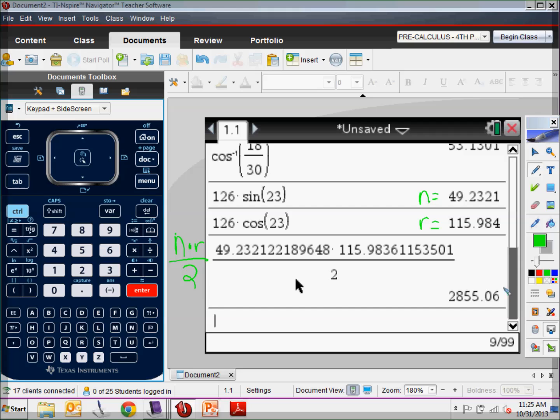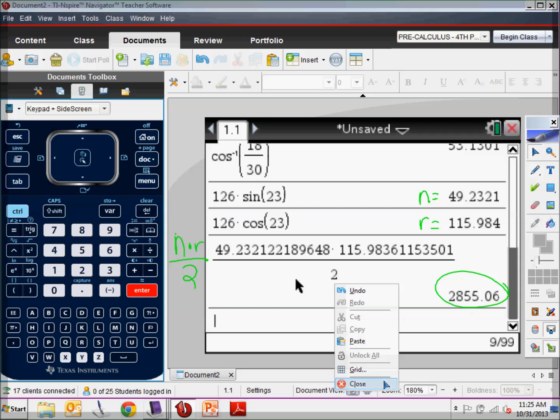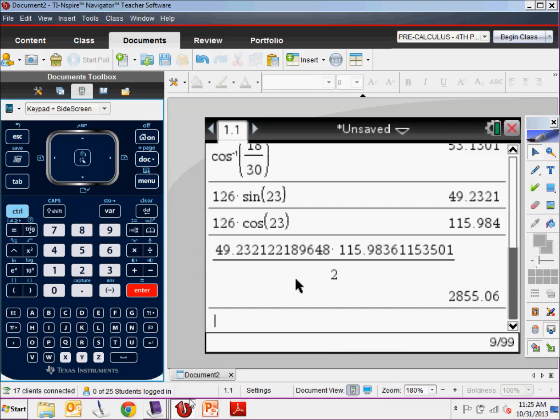I got the area of my right triangle, which is 2,855.06 units squared. If you do not label your units on your quiz tomorrow, you will lose points. So I'm going to write that down: 2,855 square units.